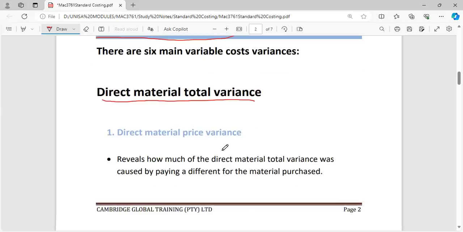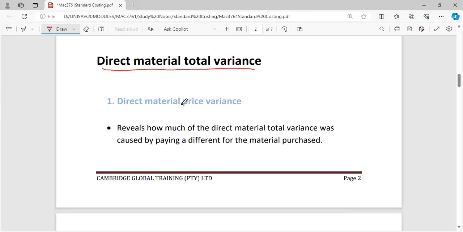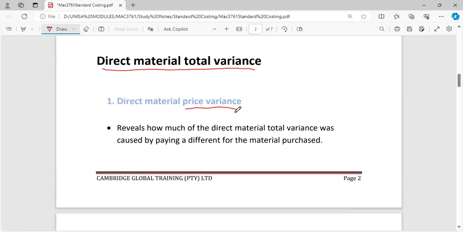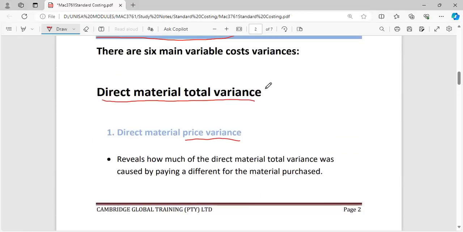If you prepare the direct material price variance and the direct material usage variance, and you add them, they should give you this. So which means the direct material total variance is going to be price variance plus usage variance.